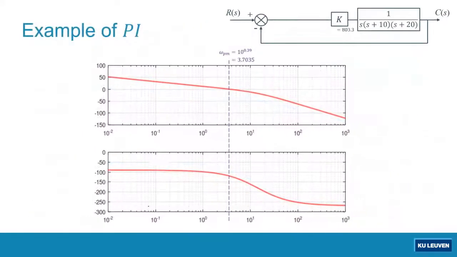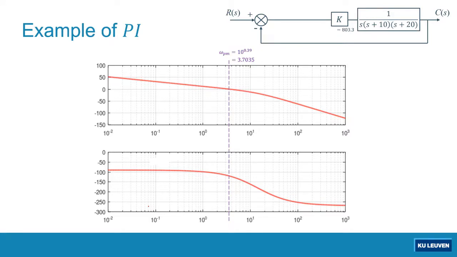Okay, now we have the very first step in designing a PI controller. By introducing this proportional gain, we have already achieved one of the two requirements, the requirement of damping ratio equal to 0.6. We still have to fulfill the other requirement, to eliminate the steady state error because of the ramp input.